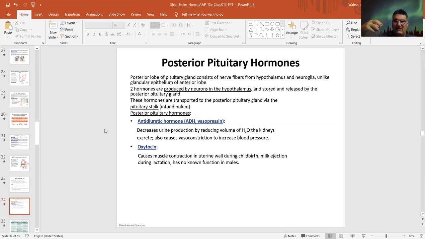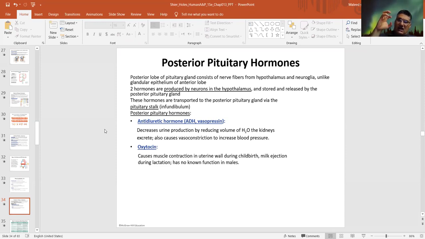During delivery, if the uterus is not contracting that much and the baby is taking longer, they can inject that Pitocin in your saline and they will tell you it's going to make the contractions stronger. So oxytocin is to increase contraction. Contractions of what? Of the uterus. That's number one.